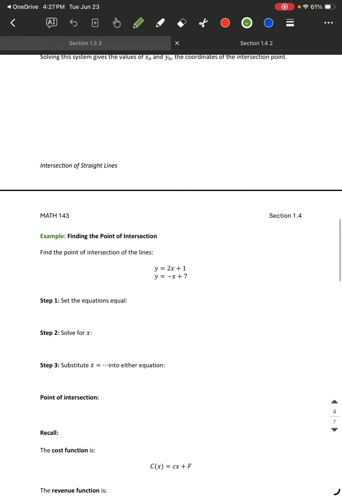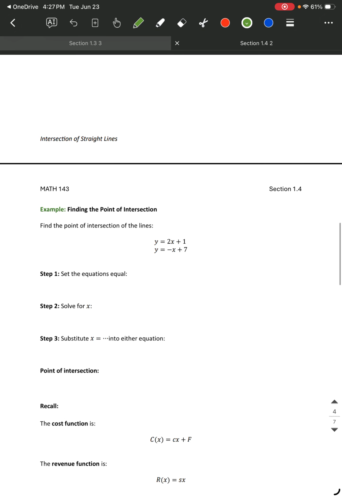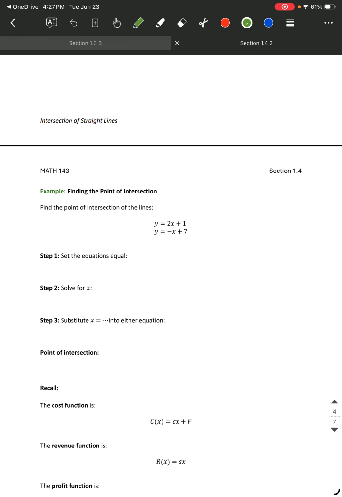Working through a numerical example is the easiest way to get the basic idea behind intersection points. So, finding the point of intersection. Here are two lines, y equals 2x plus 1 and y equals negative x plus 7. Since both expressions equal y, we set them equal: 2x plus 1 equals negative x plus 7.